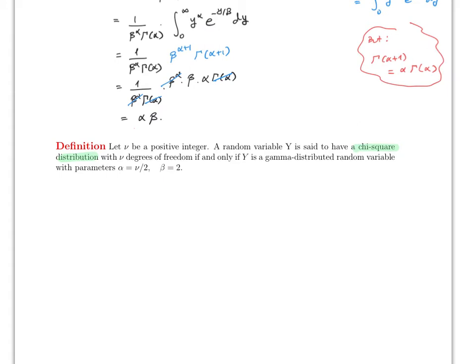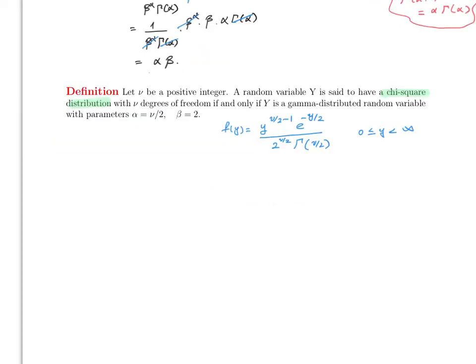In other words, the density function for this particular case will be y to the nu over 2 minus 1 e to the minus y over 2, divided by 2 to the nu over 2 times gamma of nu over 2, which again is only true between 0 and infinity.